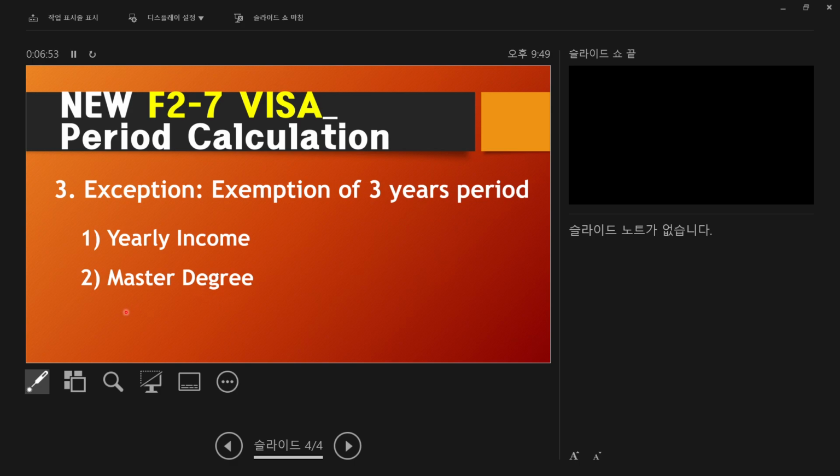Or if you got a master's degree, but the second one is especially difficult, right? There is a condition: if you got a master's degree and D10 job seeking, and the period of stay with your D2 or D10 job seeking after graduation shall be over 3 years.